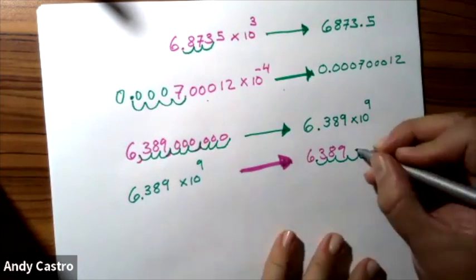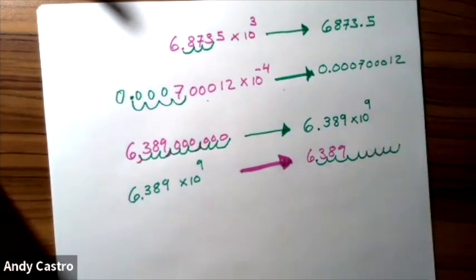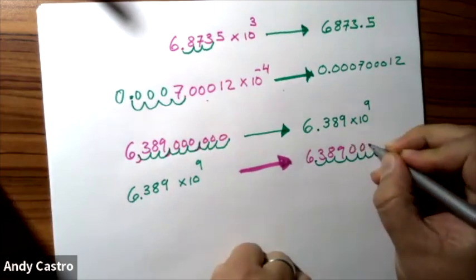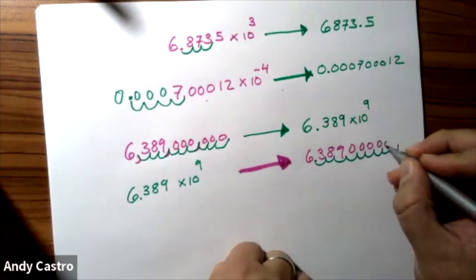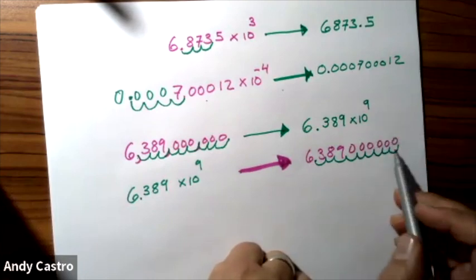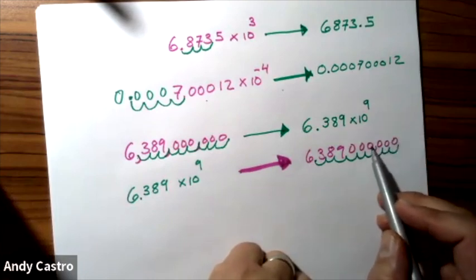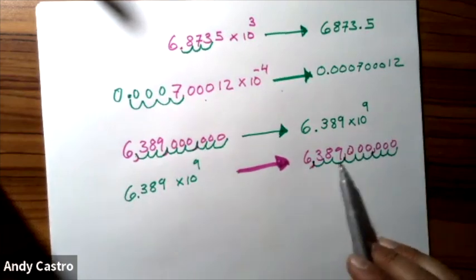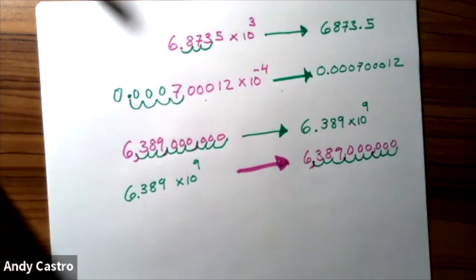So we add zeros: 1, 2, 3, boom. 1, 2, 3, boom. 1, 2, 3, boom. So 6,389,000,000. All right.